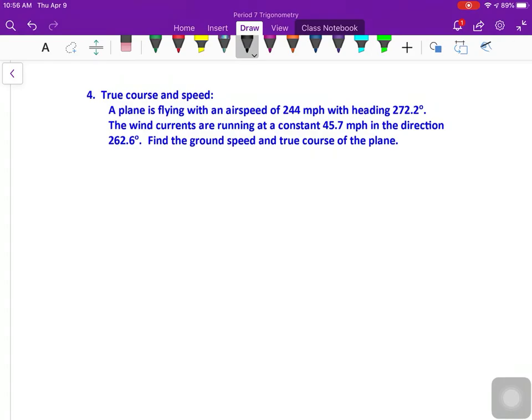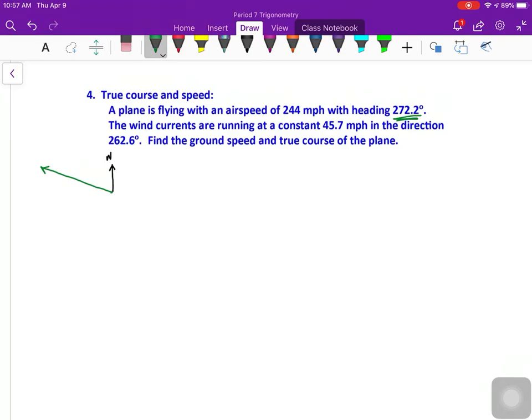Number 4 is what we generally think of as a navigation problem. There's an airspeed and a wind speed, and then they ask us for our final direction, our true course, and our ground speed. So since it's a navigation problem, we are going to start out with a north line. And then the plane is traveling at 272.